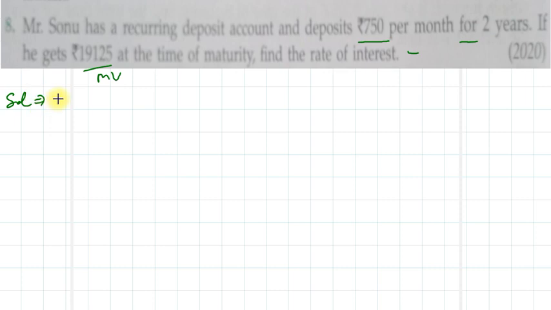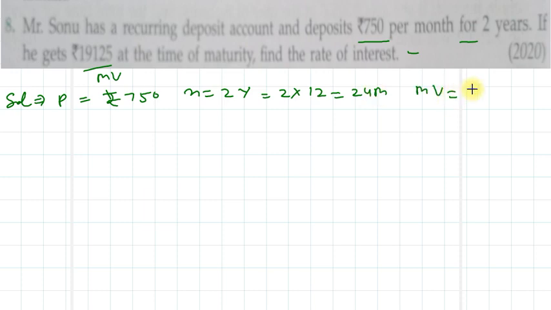So principal equal to rupees 750. So n is 2 years equal to 2 into 12, 24 months. Maturity value is rupees 19125.